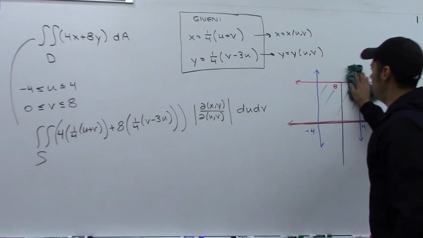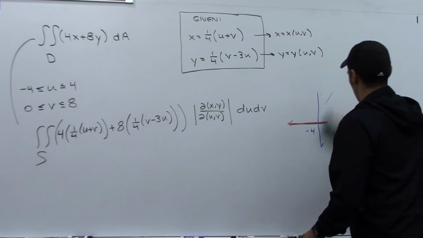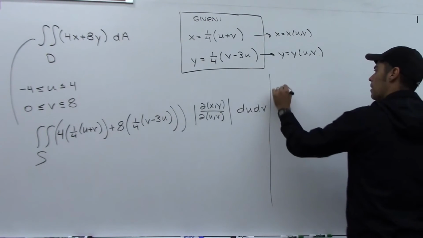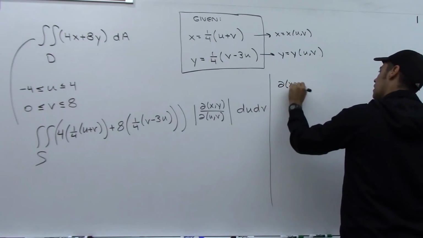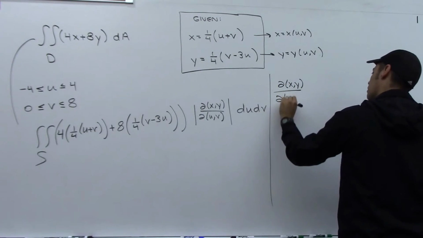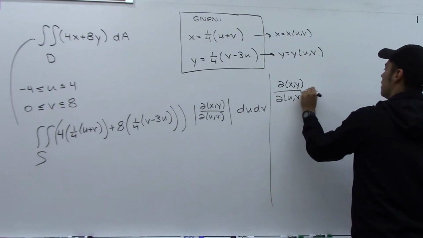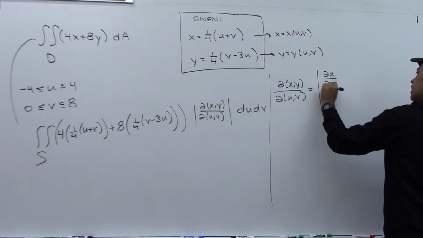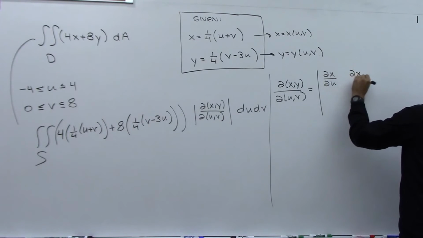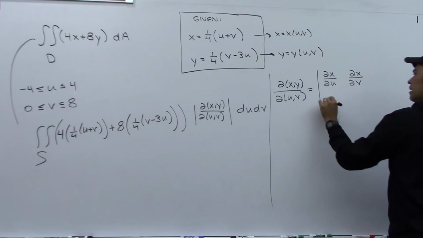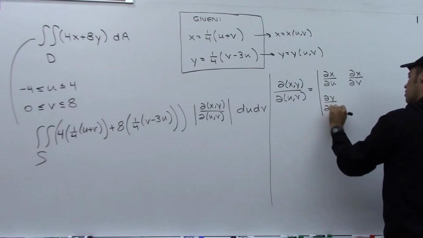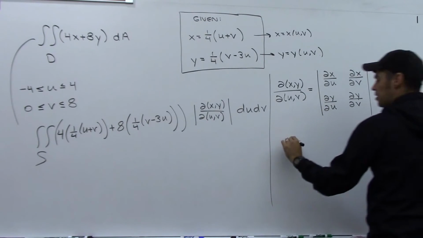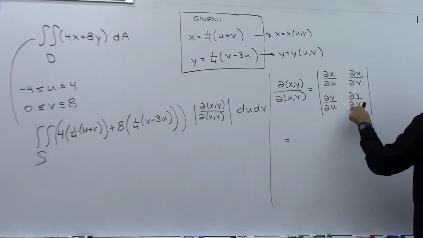So what is my Jacobian? Well, Jacobian, partial xy, partial uv is equal to the determinant of partial x with respect to u, partial x with respect to v, partial y with respect to u, partial y with respect to v, which we said just a second ago was this times this minus this times this.